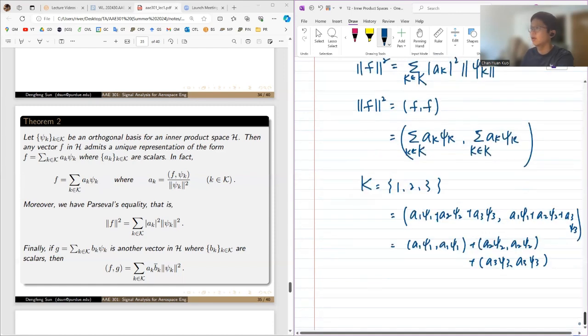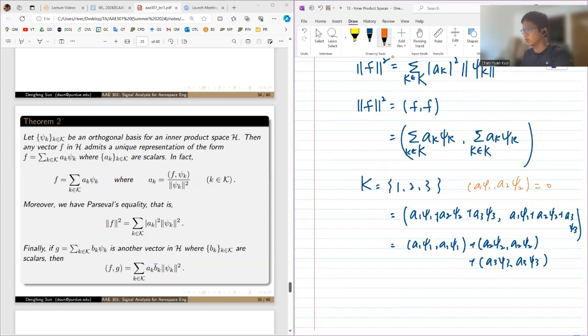If you look at the inner product of a1 psi 1 and, say, a2 psi 2, this will be 0 because psi 1 is orthogonal to psi 2. So we are left with just each term's inner product with itself.